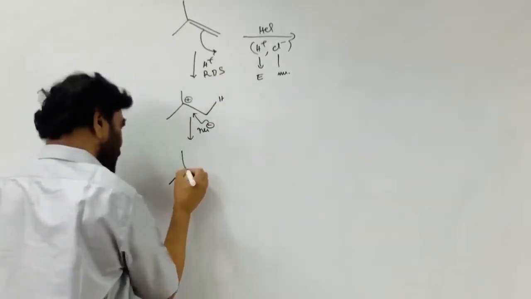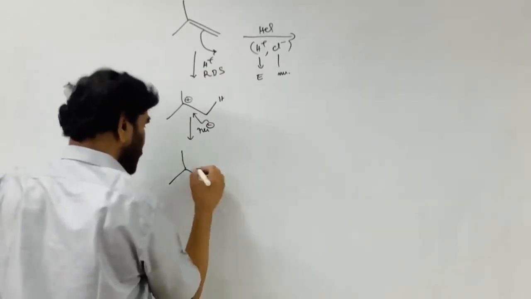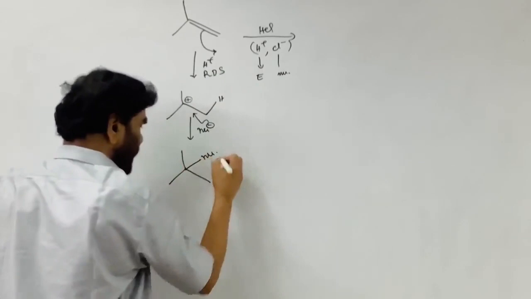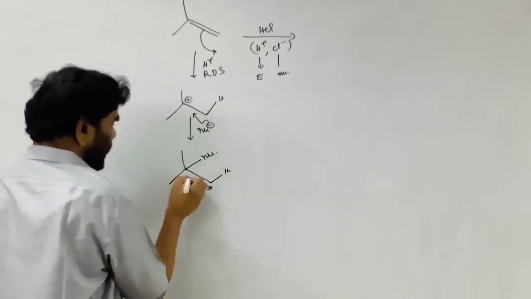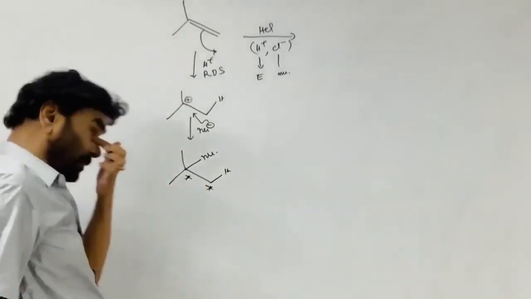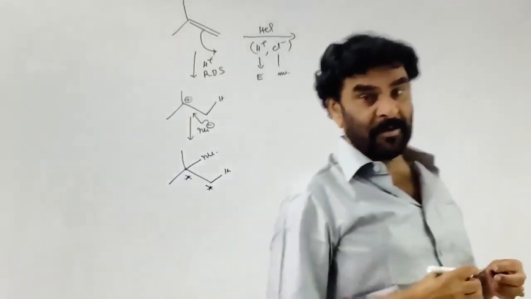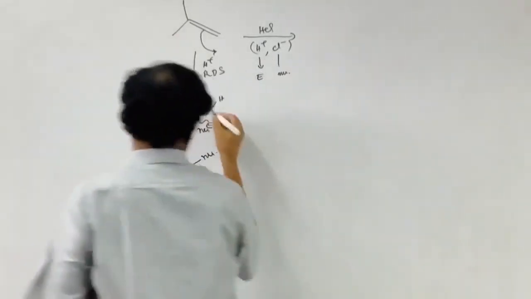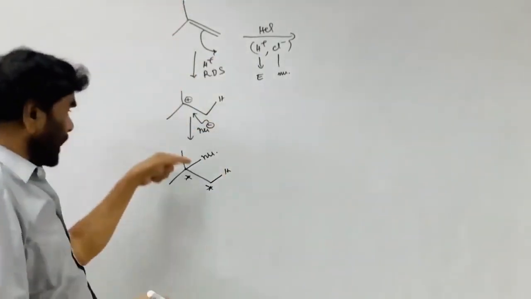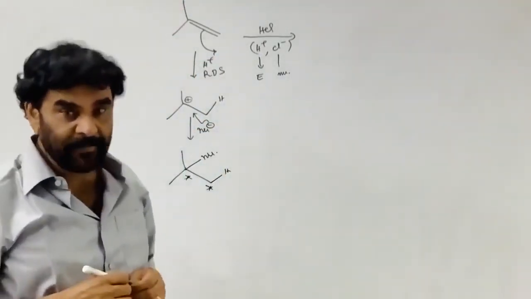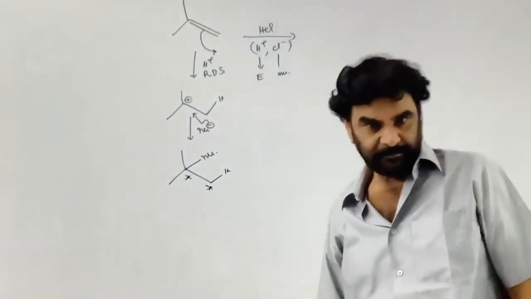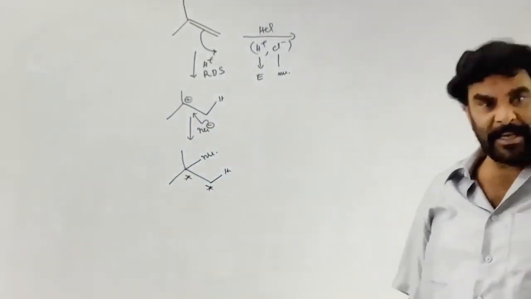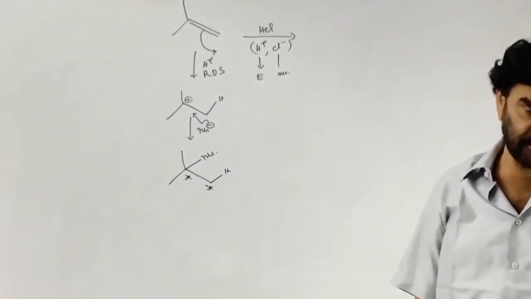Then it is completed: the nucleophile is added to this and the electrophile is added to this. This is the addition reaction according to the Markovnikov rule. This is called the electrophilic addition, since the addition of the electrophile is the RDS of the reaction.